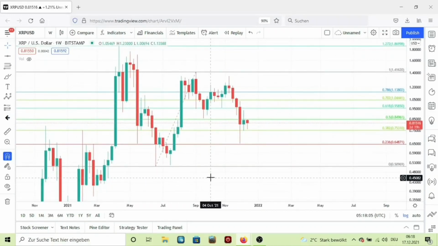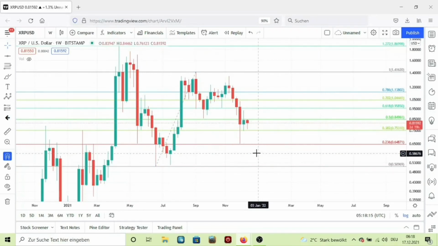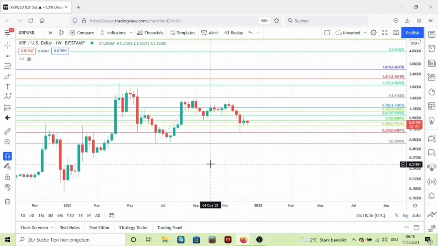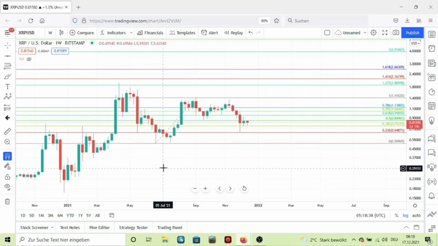What we really don't want to see is a drop below this level here, because that would invalidate this structure as being the first wave of 3 of 3. A move below this would indicate that this overall move, so the bigger move here, is still a wave 2, which is then short-term bearish. But we will cover that in a bit.